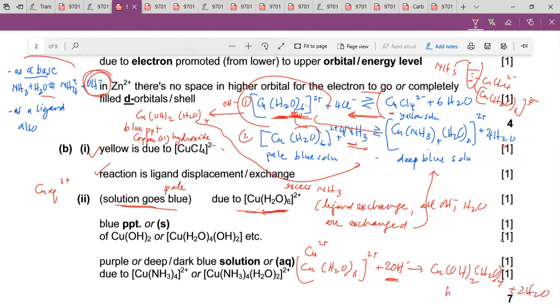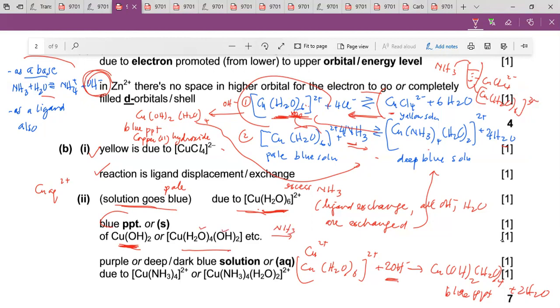This is the blue precipitate, copper hydroxide, remember now? So blue precipitate because of copper hydroxide. You can put this here or the whole thing as an octahedral, but this is normally very acceptable. Now, when you add some more ammonia, in excess, ammonia will kick out all these ligands because it is a stronger ligand than all of them.